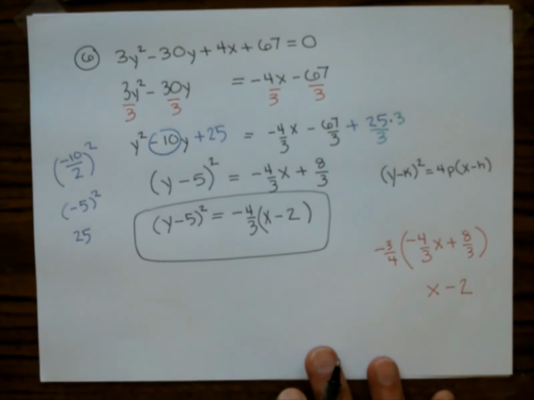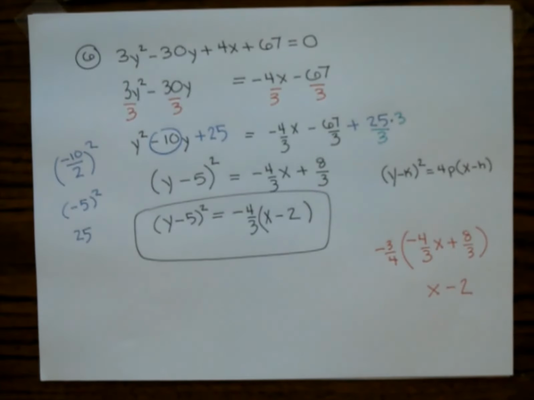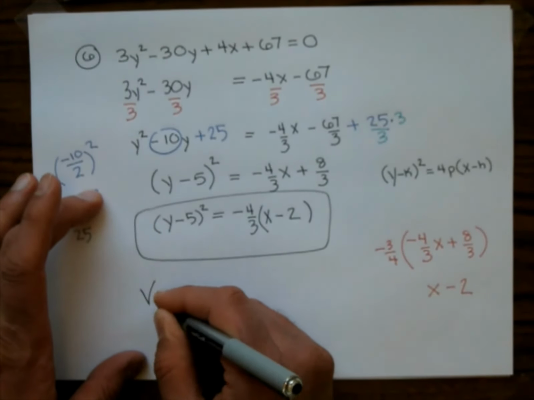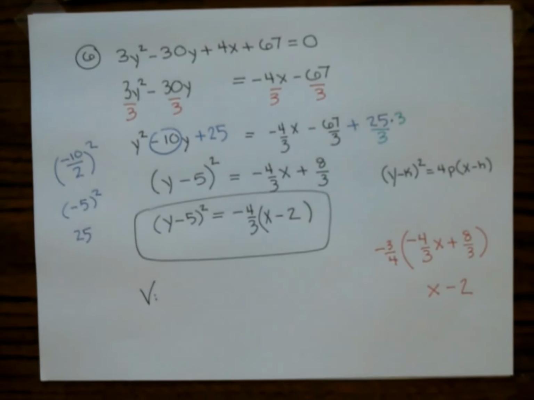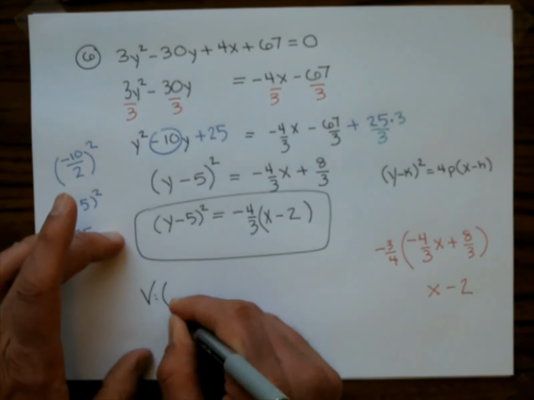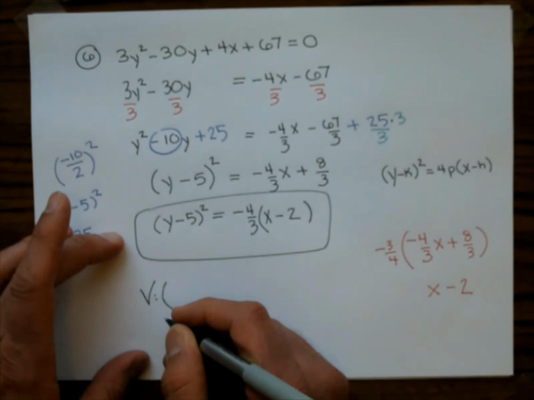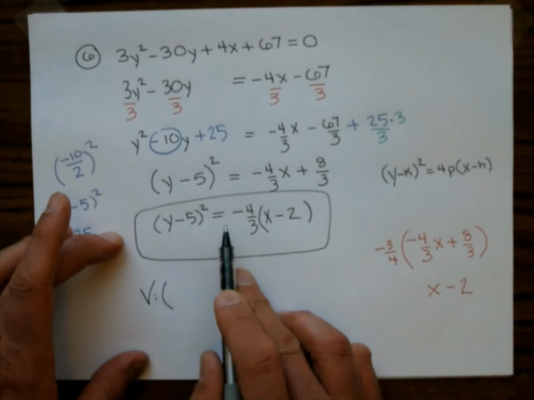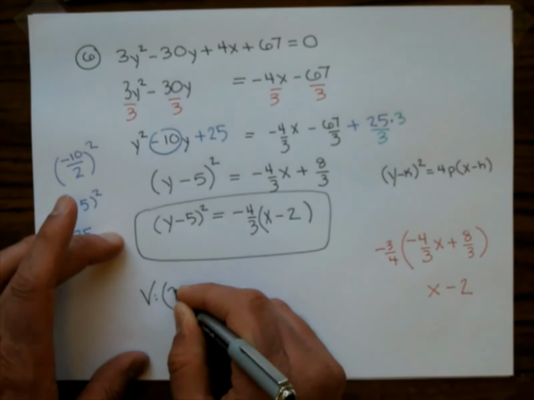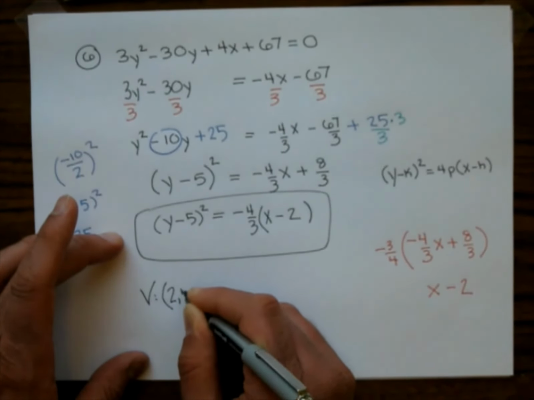I said that's all I would do on this problem, but I just want you to write down on the piece of paper what the vertex of that parabola is. The vertex is not 5, 2, but it's going to be 2, 5.